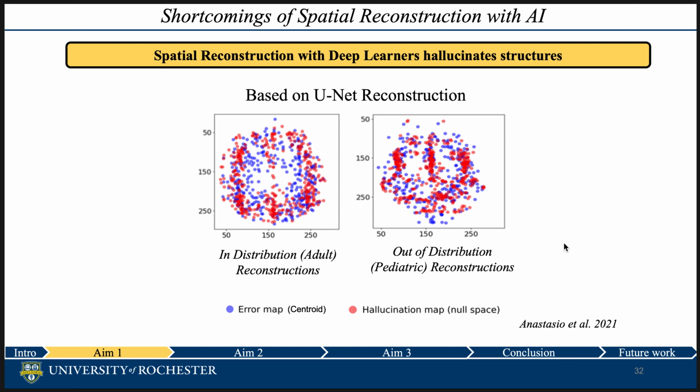You can see that based on UNet reconstruction from this particular image, we observed hallucination maps occurring in the out-of-distribution data as well as in the in-distribution reconstructions. And this is very problematic for clinical data sets like diffusion MRI.